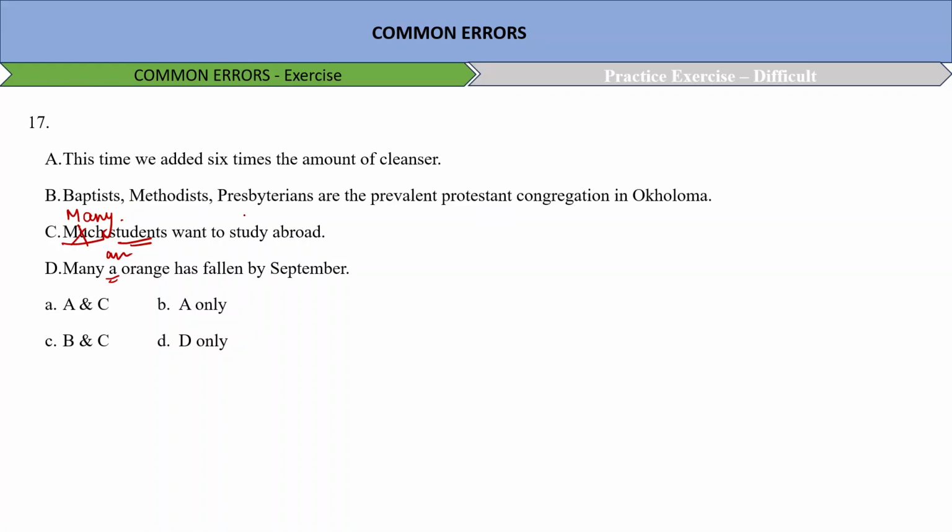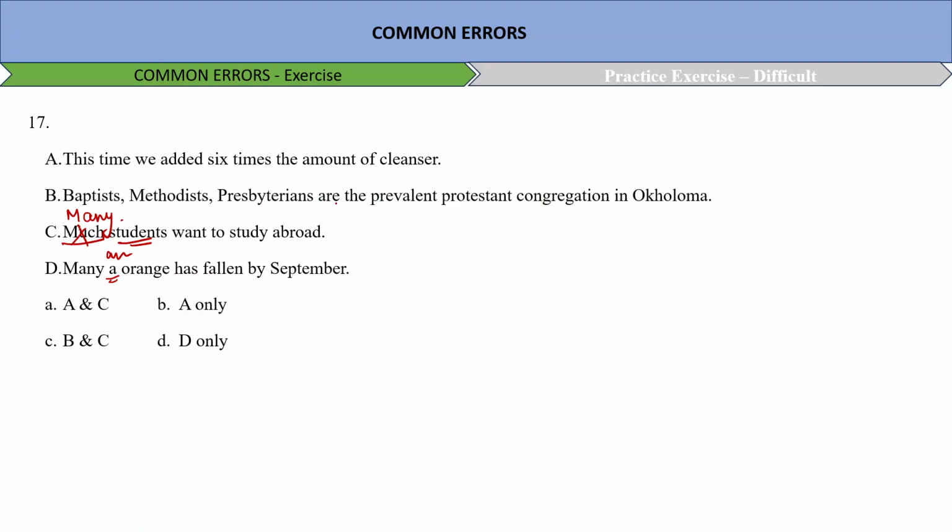Baptist, Methodists, Presbyterians are, till here it's correct, so far so good, are the prevalent Protestant congregation, right? So what should it be? Don't you think there should be a comma?